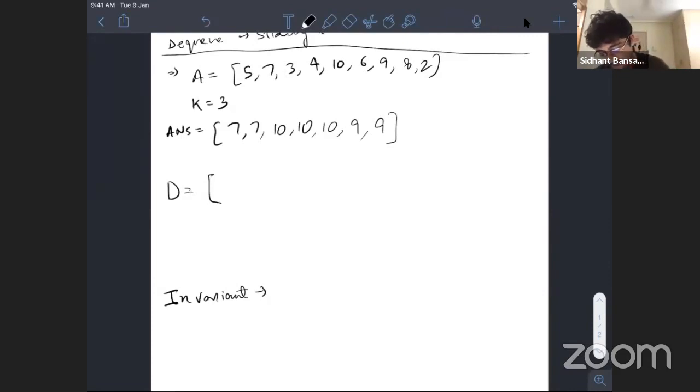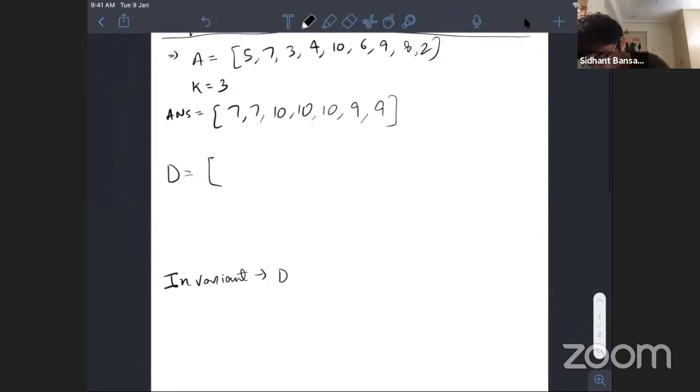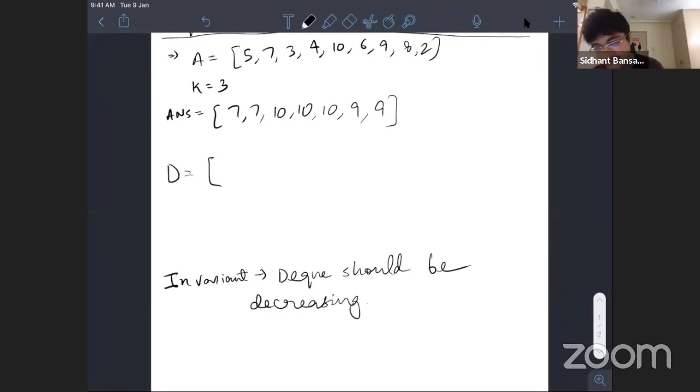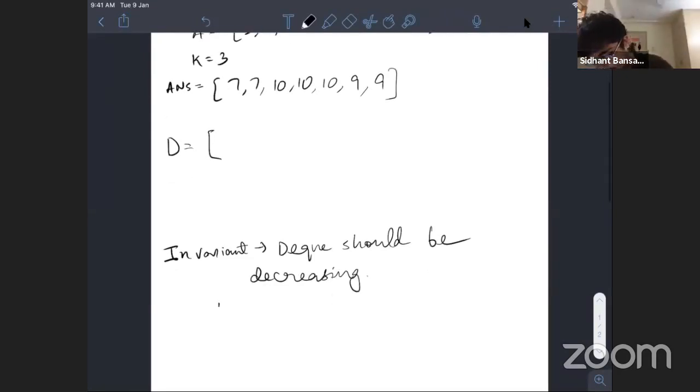So here the invariant that we want is that the DQ should be decreasing. What I mean by this is that the first element should be bigger than the second element and so on. That is, D1 should be greater equal D2, which should be greater equal D3, and so on.